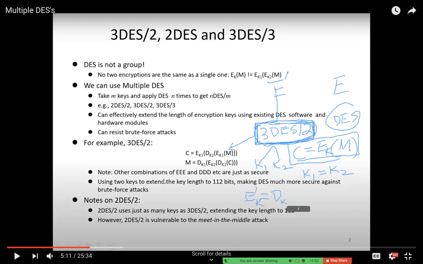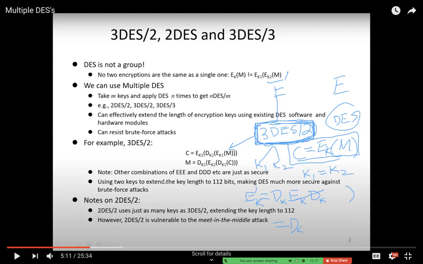Now under this new algorithm, EK and DK. So that is M, right? So this is 3DES, but with these two keys, but these two keys we set equal. So this cancels. So this is equal to DK. Oh, the input here is a C, sorry.